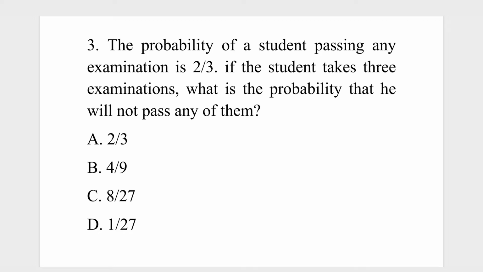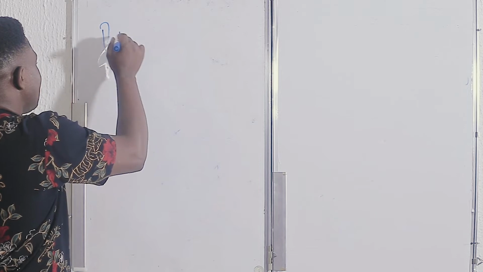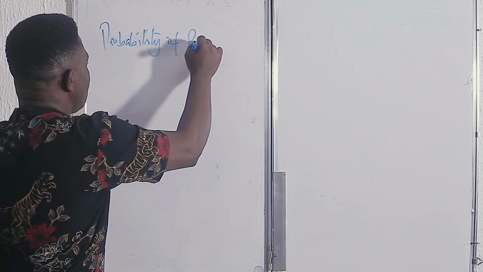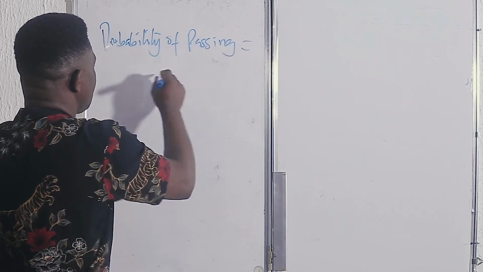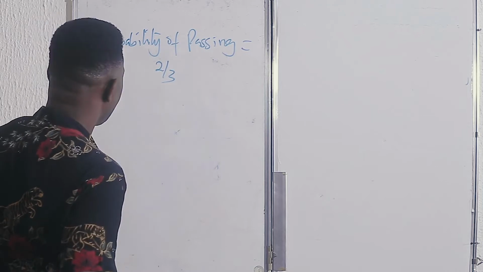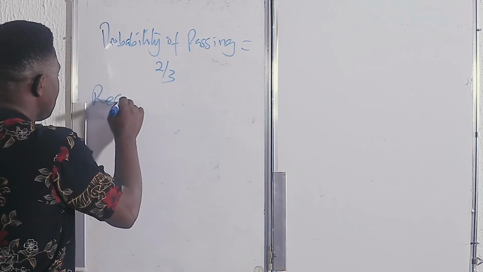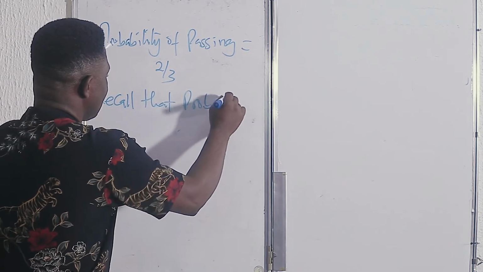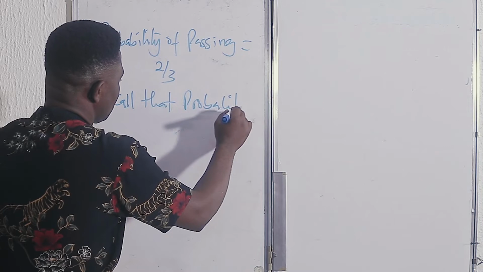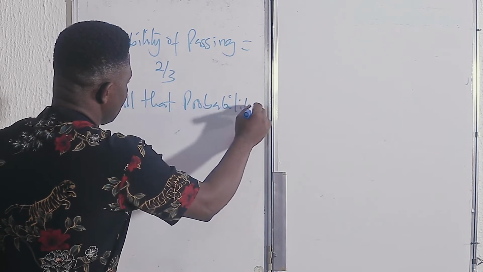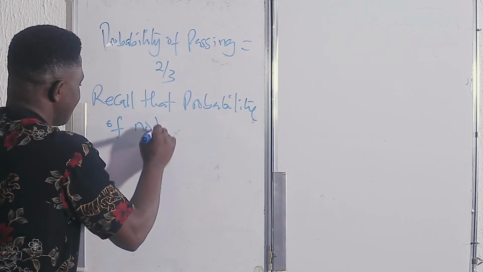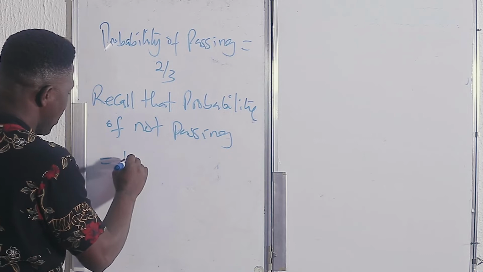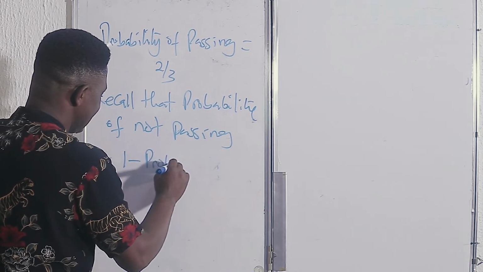Now we are given the probability of passing, which is 2 over 3. Now remember that probability of not passing is equal to 1 minus probability of passing.